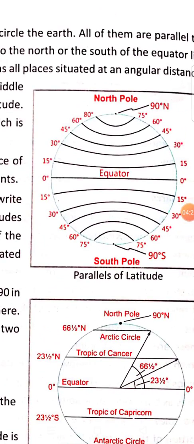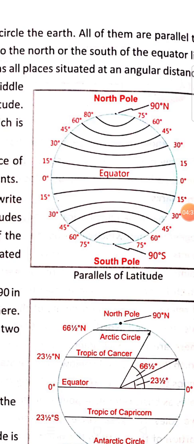All places having the same value of latitude to the north or the south of the equator lie on the same latitude. For example, the 30 degree north latitude line joins all places situated at an angular distance of 30 degrees north of the equator.